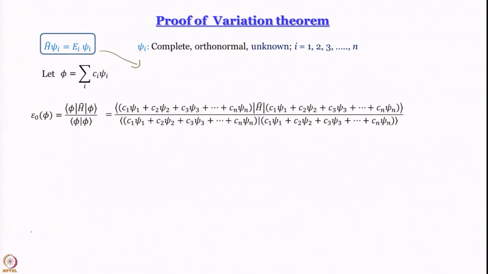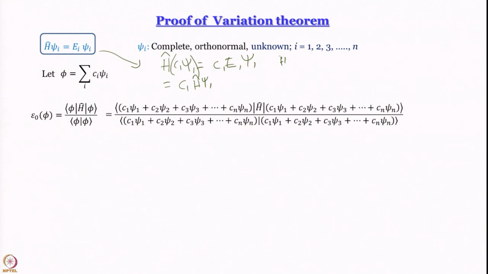What I am saying is this Schrodinger equation is something like this. H operates on psi 1 to give me E1 psi 1. So, what happens when H operates on C1 psi 1? That is the same as C1 multiplied by H psi 1, is not it? Linear operator. So, this will be simply C1 E1 psi 1.